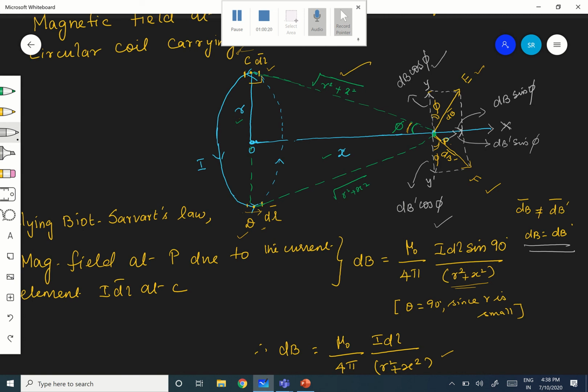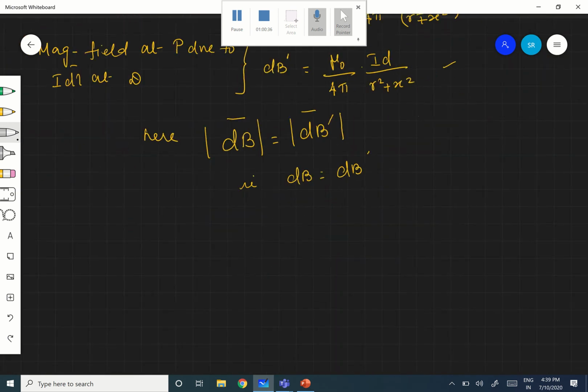But sine components dB sin phi, dB dash sin phi, both are in PX direction, along the x direction. Hope you are following, children. Very, very important. Now with this, shall we go here?